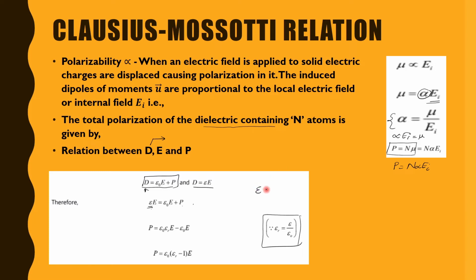If I take epsilon naught to this side, it becomes epsilon r epsilon naught. So if I replace this epsilon with this, we get epsilon naught epsilon r E, and I will take this to this side. So we get P, and we will take common epsilon naught. So this is another formula which we got.